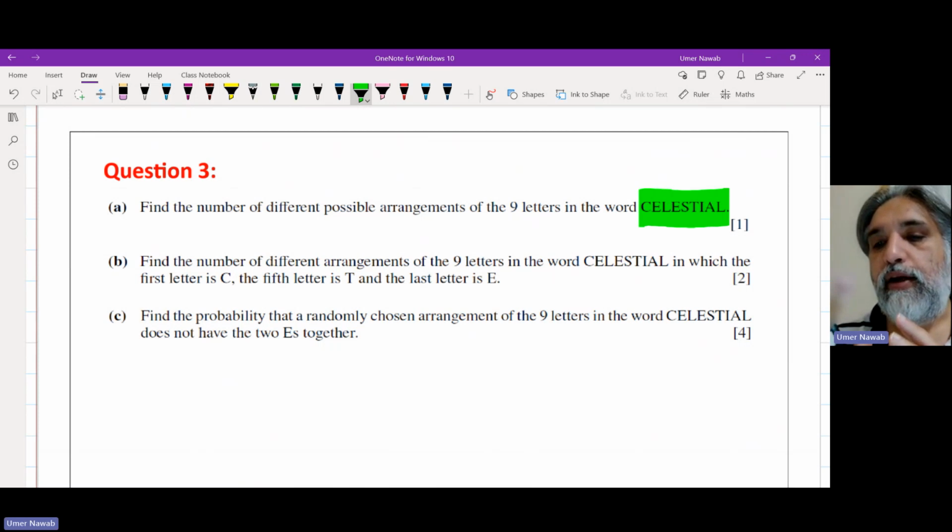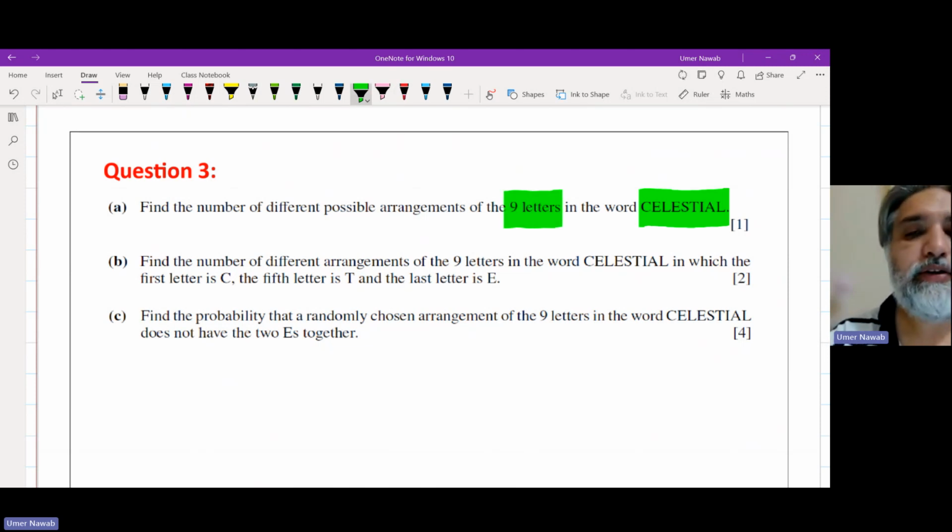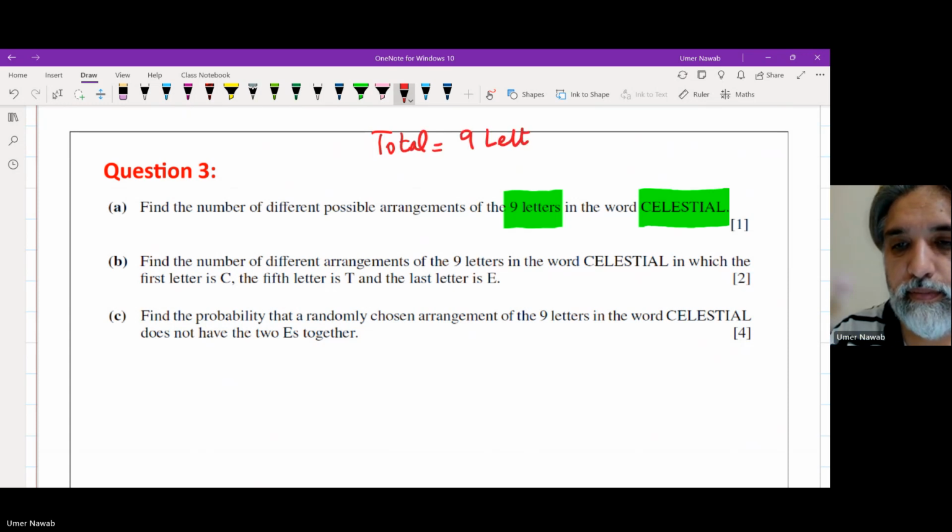We are interested in this word in terms of its letters. How many total letters does it have? Total 9 letters.